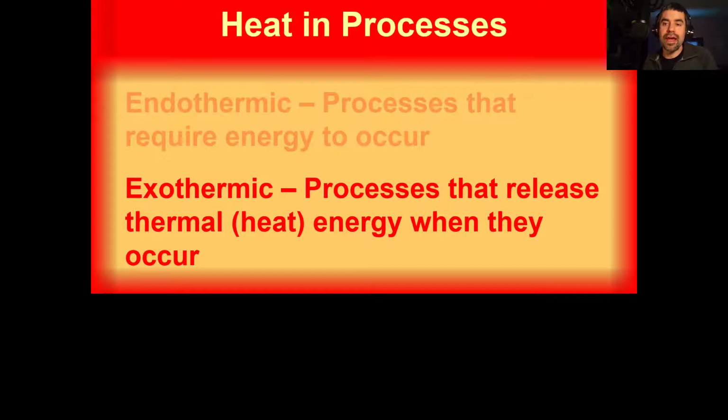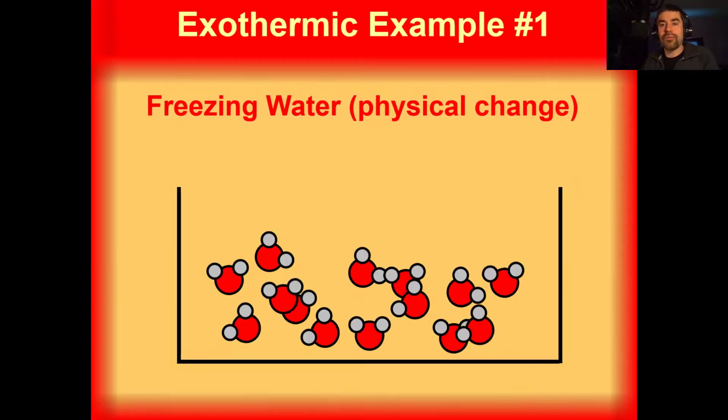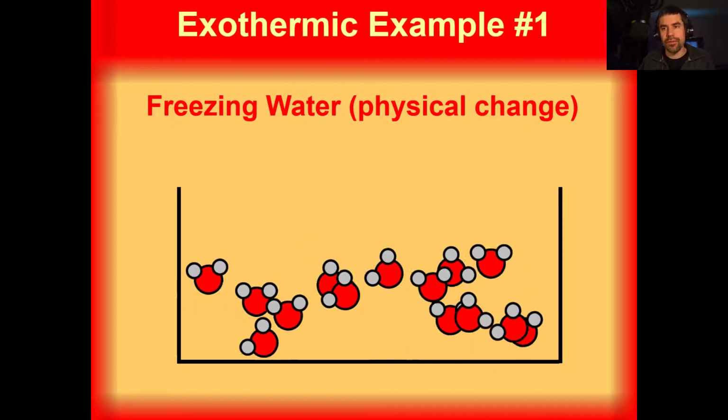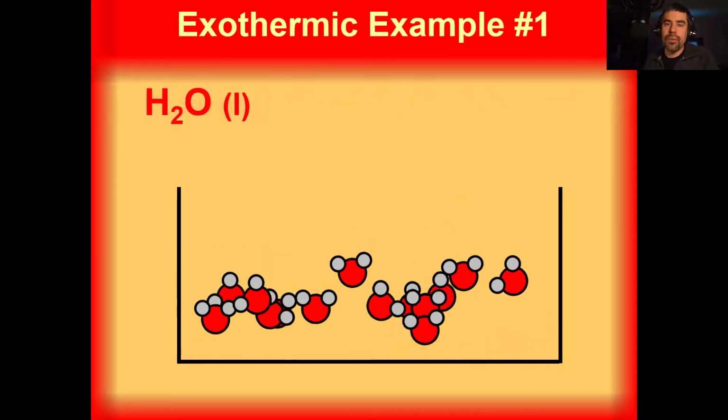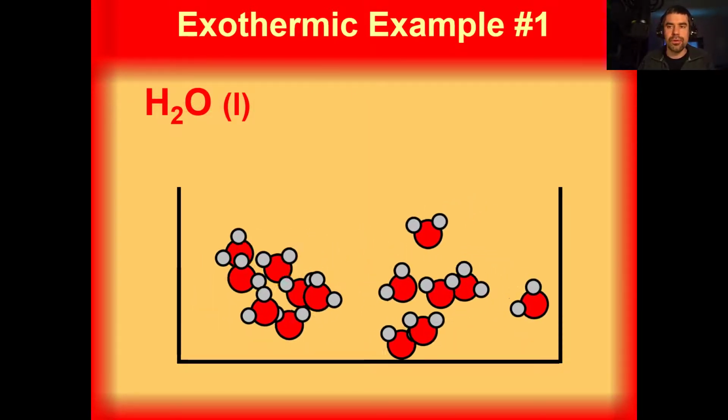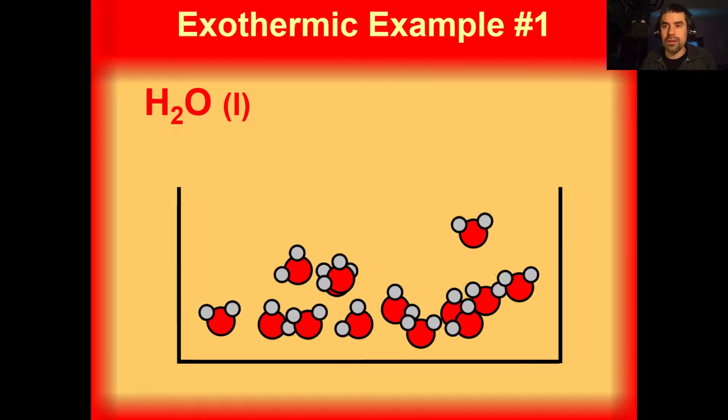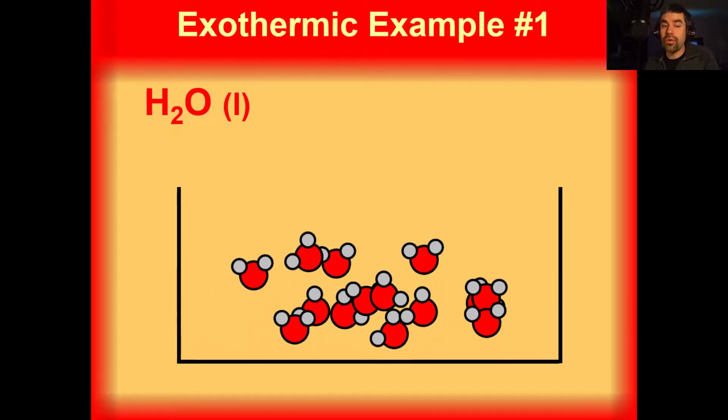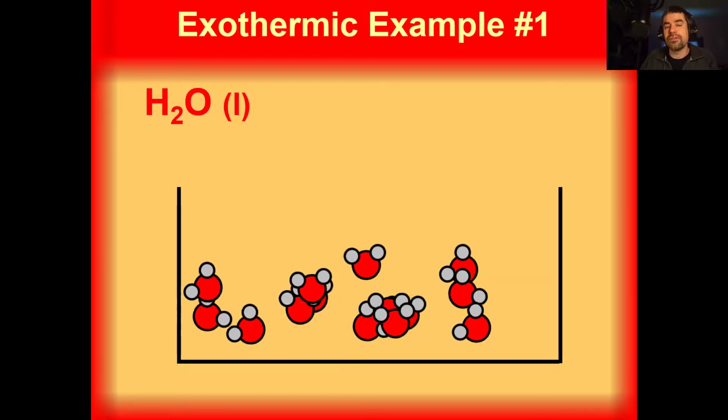So now let's look at exothermic processes, or processes that release thermal energy when they occur. It should come as no surprise to you that when we freeze water, we start with liquid water. If we want to change that into a solid, we take energy away, or energy is released.